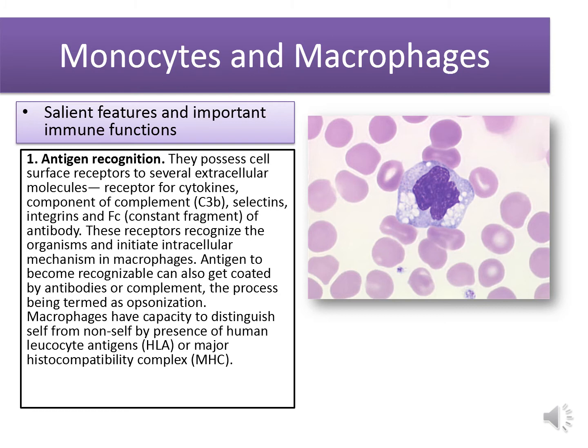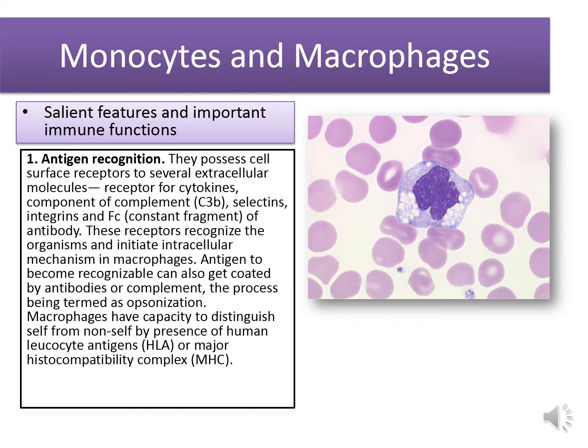Monocytes and macrophages have some features and are involved in various immune functions. The first, a very important function, is antigen recognition. They possess cell surface receptors to several extracellular molecules: receptors for cytokines, components of complement, selectins, integrins, and Fc of antibody.